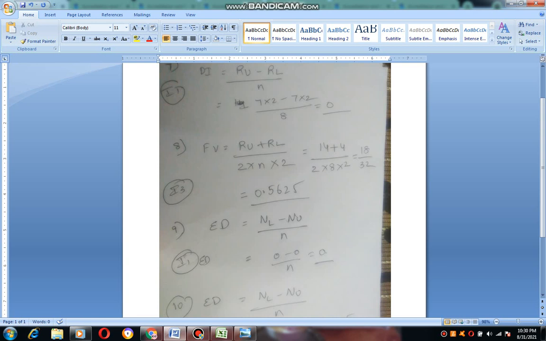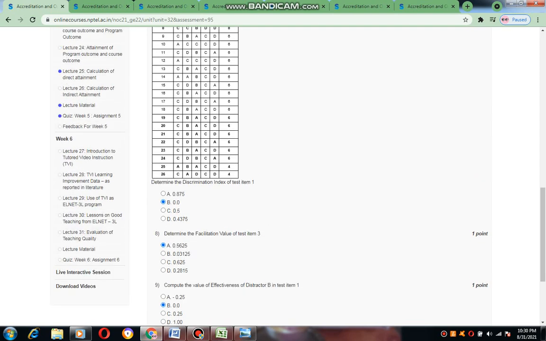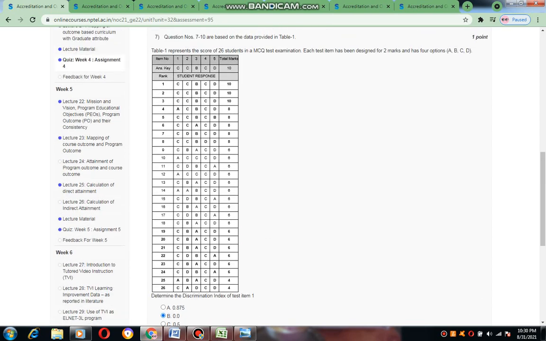N stands for group size, and each question carries 2 marks. Now for item 3, we will see in the given table. We have the correct answers, 1, 2, 3, 4, 5, 6, 7, so 7 into 2 is 14.